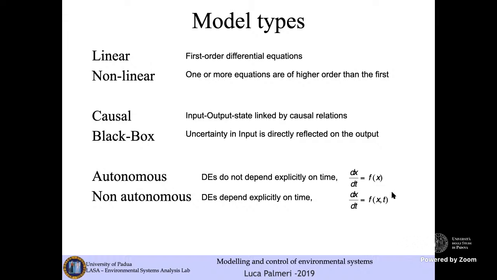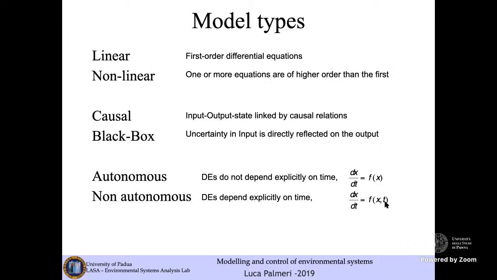We are renouncing to make an explicit time evolution description of the system, while in non-autonomous systems, we may find that differential equations depend explicitly on time. So this is formally written by writing that the derivative in time of x, that may be a state variable vector, is equal to a function that explicitly depends on time.